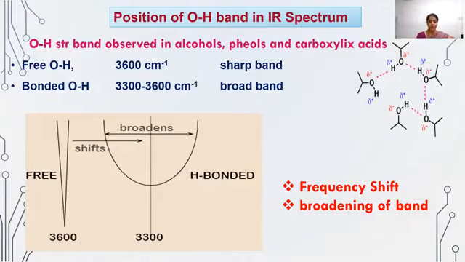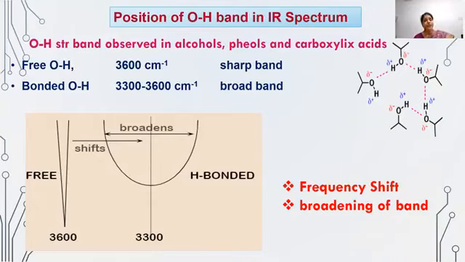Oxygen-hydrogen stretching band is observed in alcohols, phenols, and carboxylic acids: alcohols ROH, phenols C6H5OH, and carboxylic acids RC double bond OOH. In all 3 classes of compounds, the OH bond is present, so OH stretching vibrations are possible.